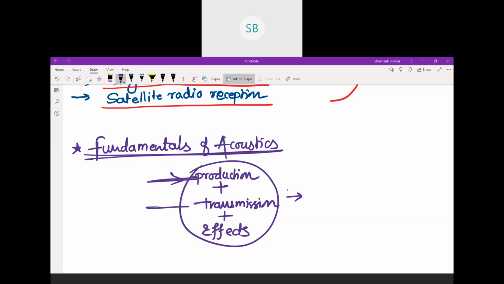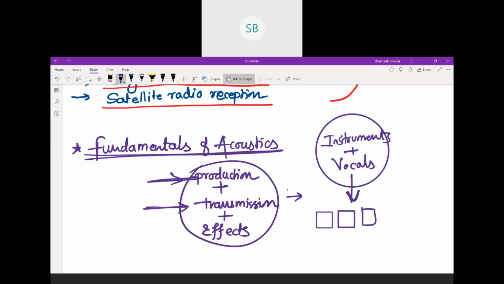Various instruments are playing, right? Instruments are there, then vocals. All the things are mixed together and transmitted to the speaker system, a properly arranged speaker system, so that the listeners could get the feel of the mixing of this particular band.